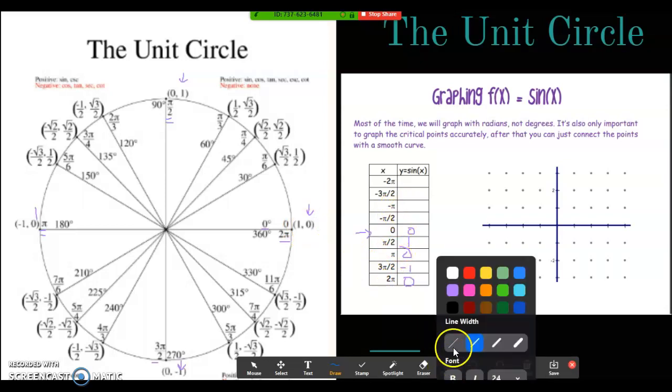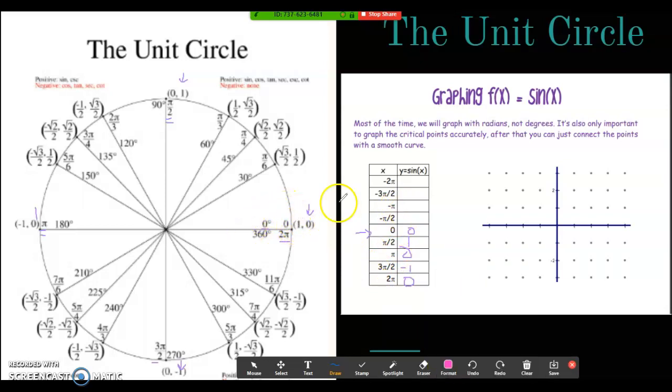Now let's move in a negative direction. If we started here and we went to negative pi over 2, remember, we would be going down, so we're going clockwise. So negative pi over 2 would stop right here. So its terminal point is the same as 3 pi over 2. So the sine value would be negative 1. Negative pi, we go around a whole distance of pi, but in the opposite direction.